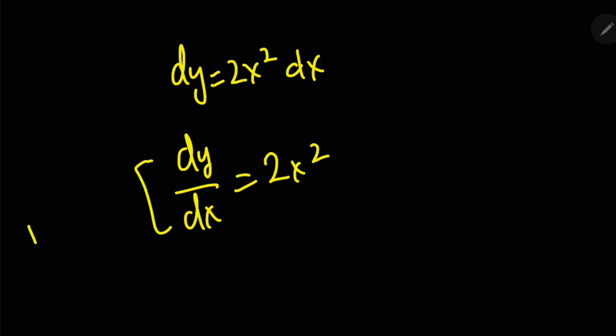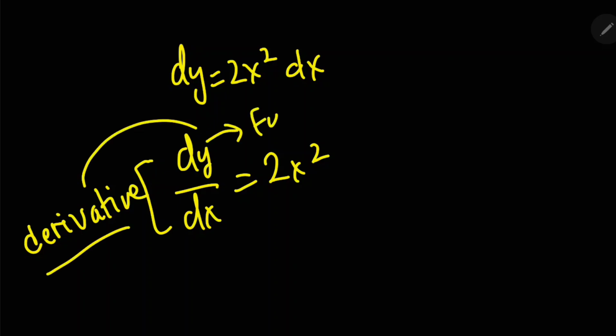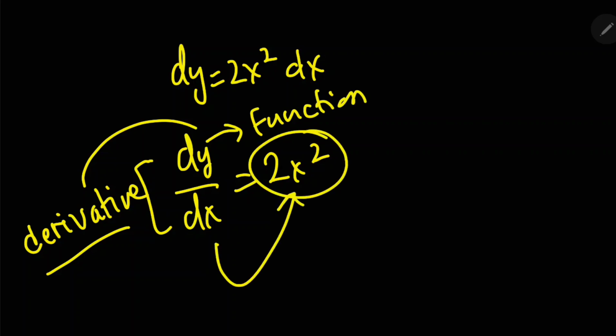Before writing it like this, if I write it like this, you see this is the derivative, right? So now we have the derivative of a function, which is this, right? But we don't know what the function is. So here comes the catch. We need to start thinking in reverse.